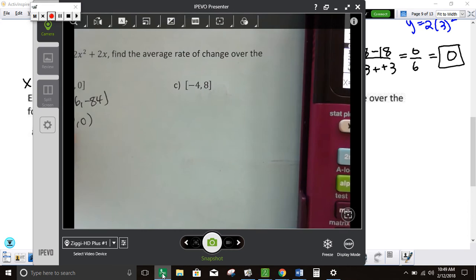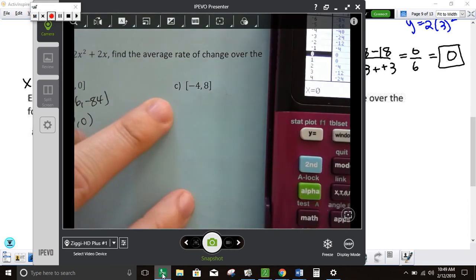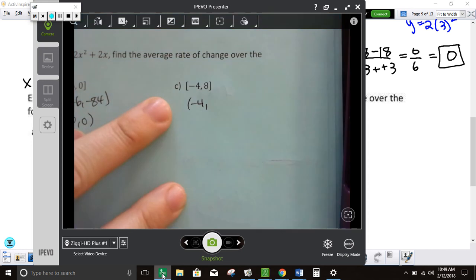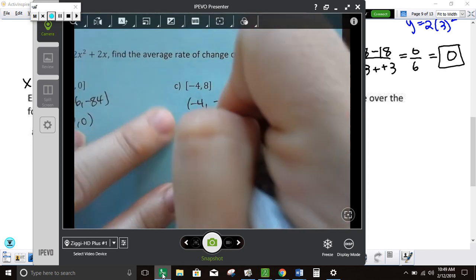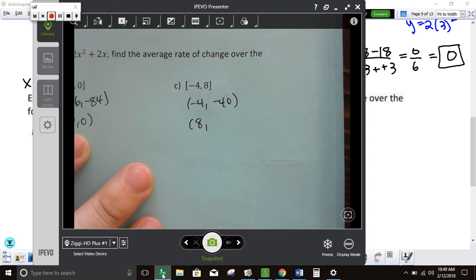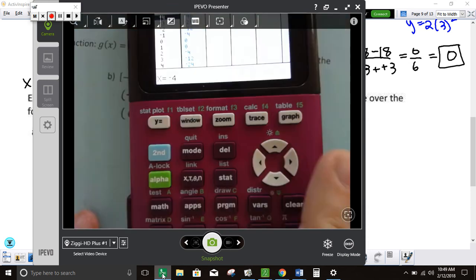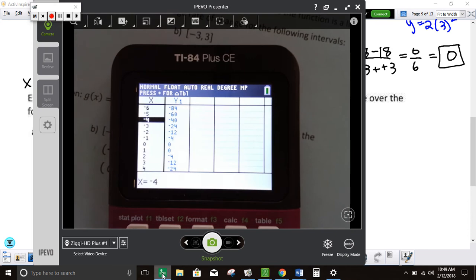It's a parabola, yep. Part C, -4. What's your next point? -40. And 8, -112. So we can use our calculator to quickly come up with these points rather than plugging them all in.